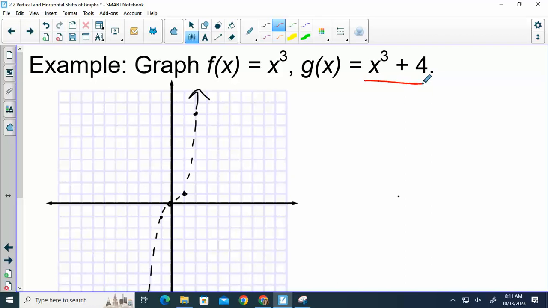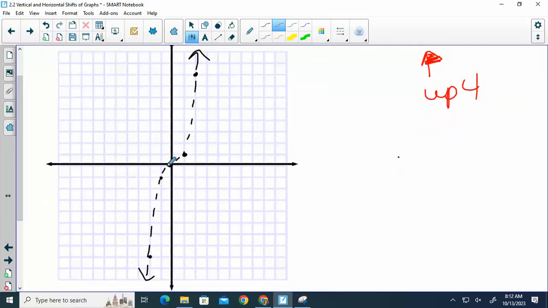Now I want x cubed plus 4. So adding 4 on the end will do what to my graph? So what we're going to do is take each of these points that we plotted and move them up 4.